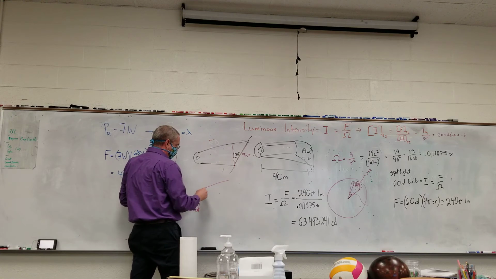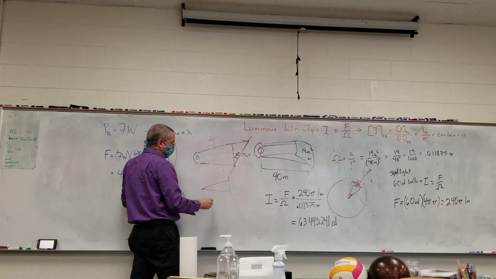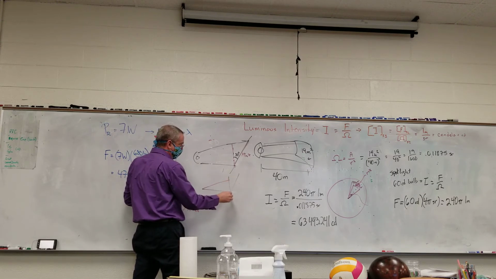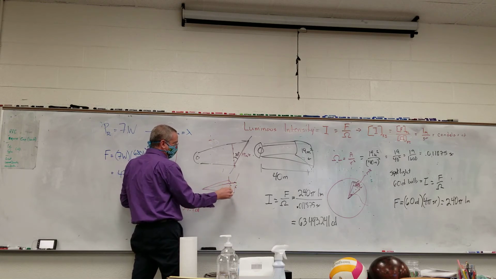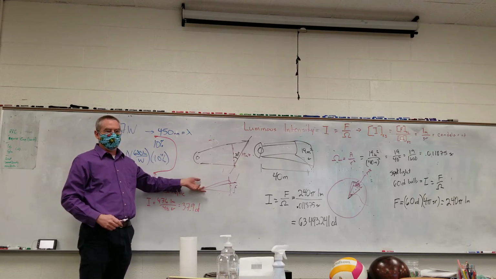If I tilt this surface right here to get the same area, this area here would be the same as that area there. So it is a smaller angle. It is more focused.